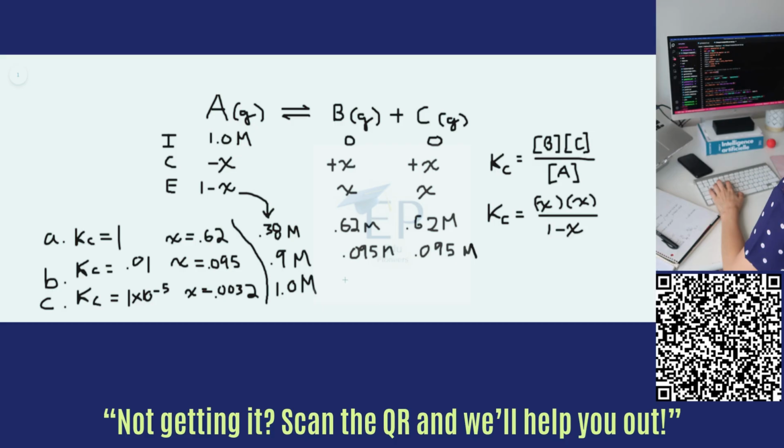And this is 3.2, we're writing this in scientific notation, times 10 to the negative third molar, and same over here, times 10 to the negative third molar. So these values here are the equilibrium concentrations for A, B, and C, given different equilibrium constants.